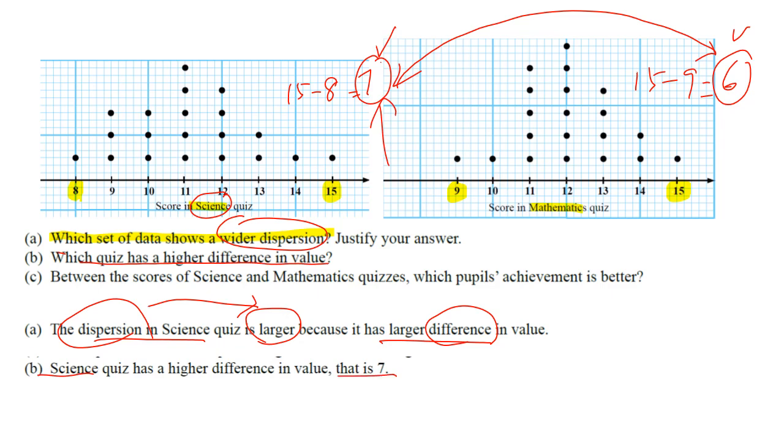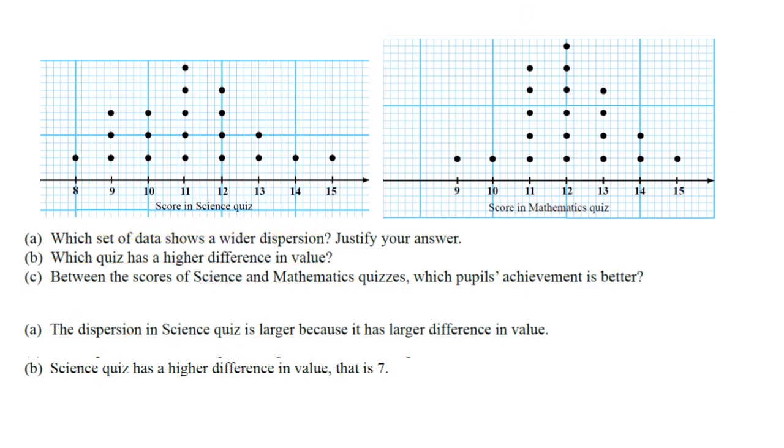And for C, between the scores of science and maths quizzes, which pupil's achievement is better? Which one is better? Class, look at the 2 dot plots. If you see, your higher marks is, let's say, this one. This is higher marks, 12 to 13, and this one is 13 to 15, the same.